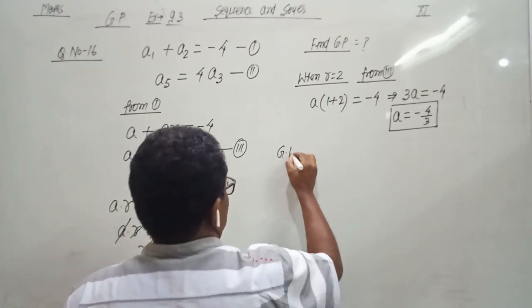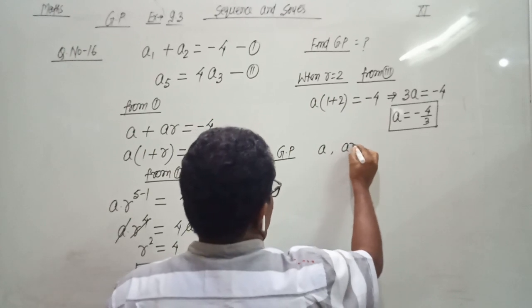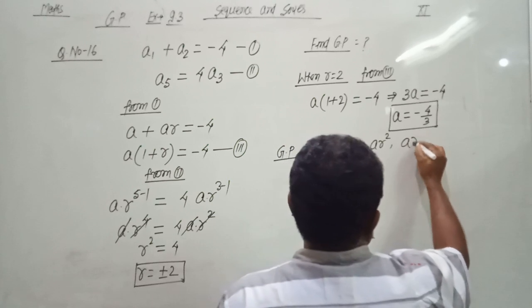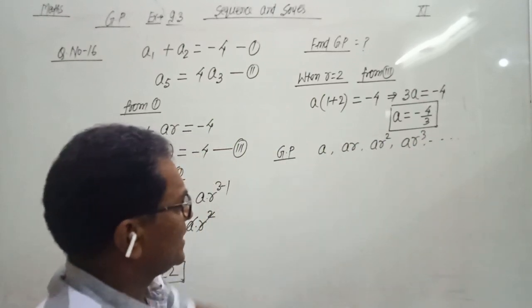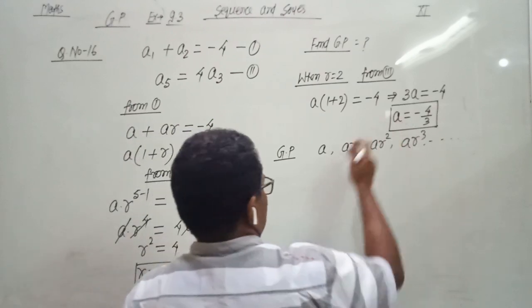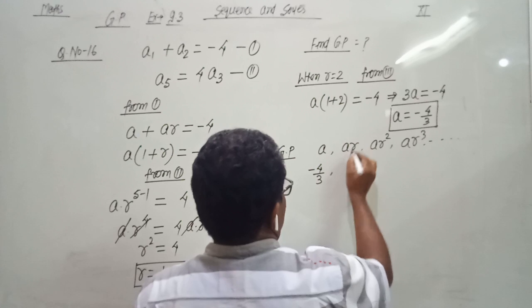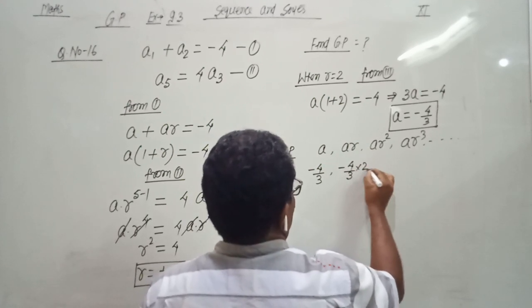Now the GP is given by A, AR, AR squared, AR cubed, and so on. Put the value of A and R. A is minus 4 by 3. Now A into R: minus 4 by 3 into 2.